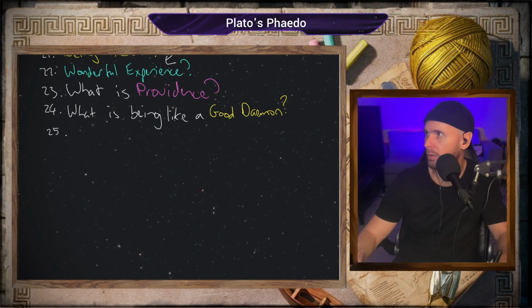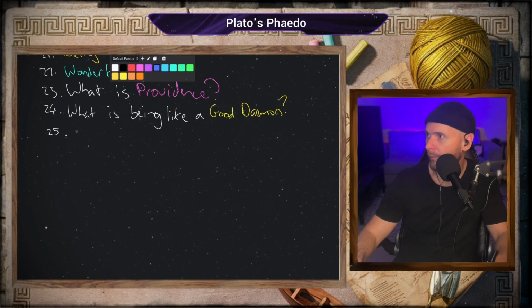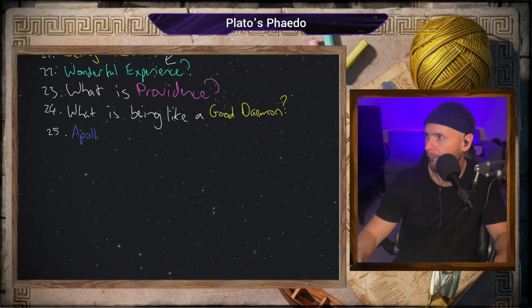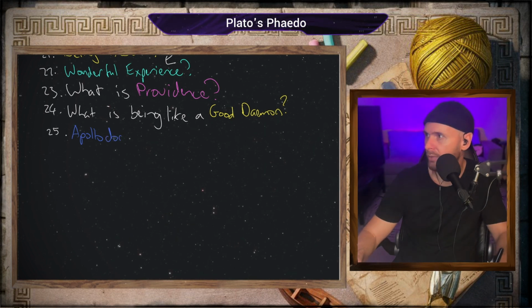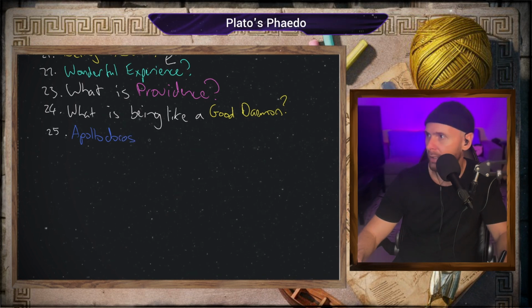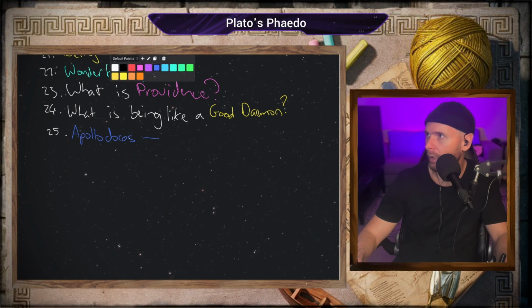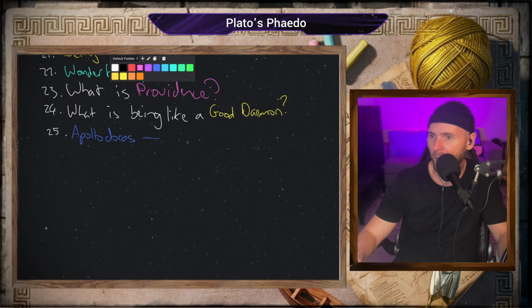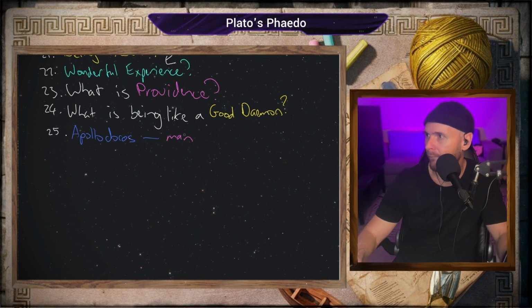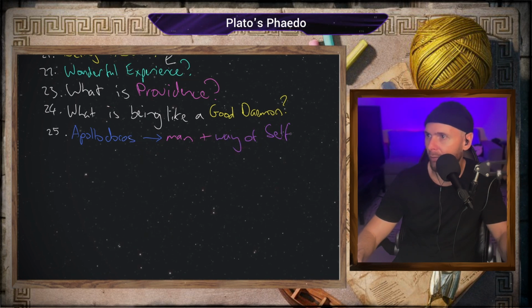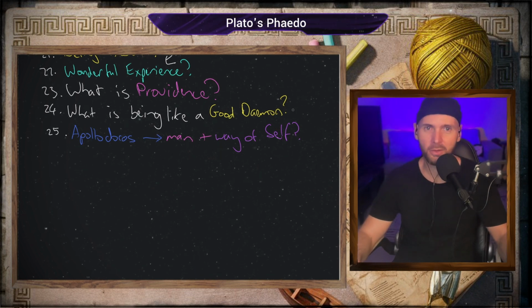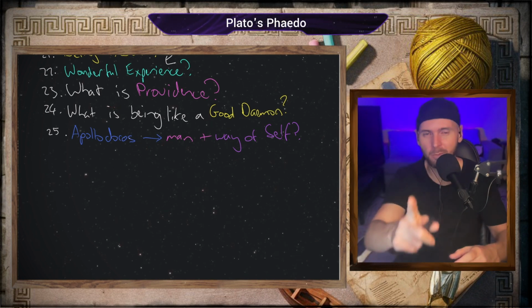So we've got Apollodorus, D-O-R-O-S, and his man and way of self. Okay, so one of our questions. It's a promise. Hey, you know the Apollodorus, the man and the way of self? Oh yeah, well, we don't yet. We should, if it's a good, well-written book.